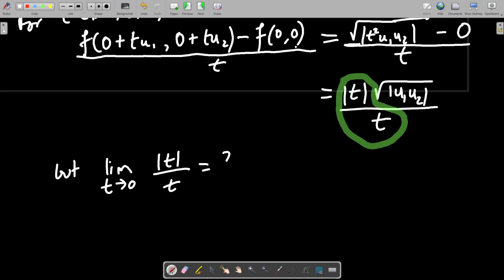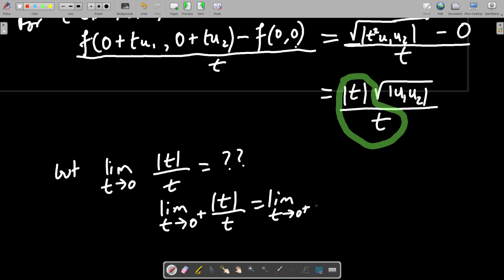Just a reminder: if you tend to 0 in the positive direction, t is greater than 0, so modulus of t is equal to t, since we are tending towards 0 from the right hand side, and this limit value will be equal to 1.